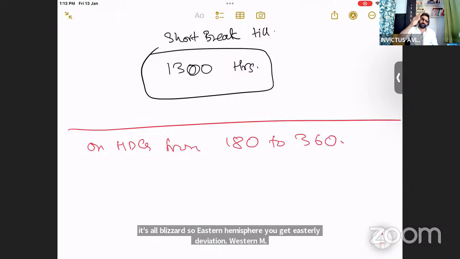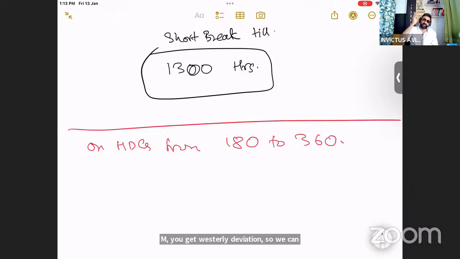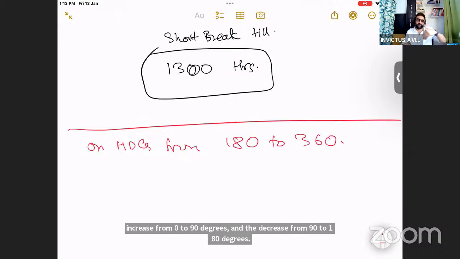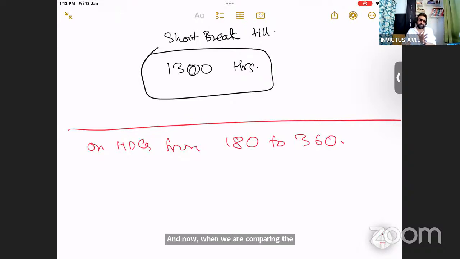So we can say 0 to 180. If your heading is anywhere from 0 to 180, you're only going to get easterly deviation, which will increase from 0 to 90 degrees and decrease from 90 to 180 degrees. And now when we compare the western hemisphere, that is 180 to 360, if any aircraft is on a heading anywhere between 180 and 360, they will experience westerly deviation.